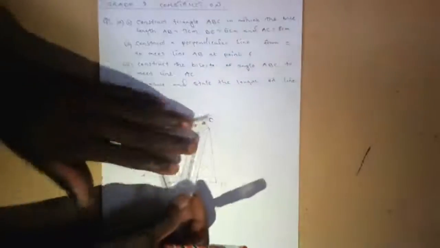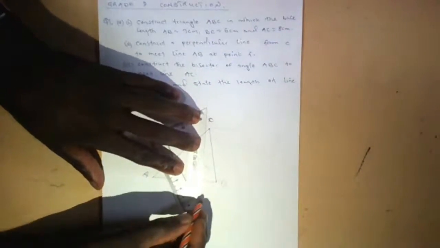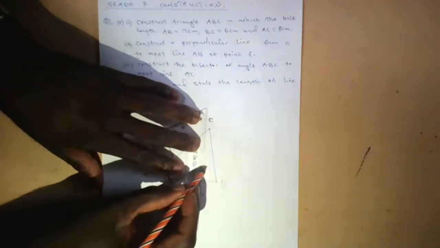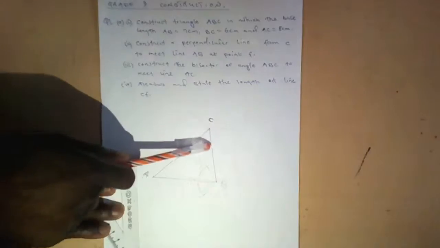So what do we do now? So this time around, we are going to draw. Now you see, when you consider these 2 points, that point and that point, if you have to draw a line, it's going to pass through C, because that's where our focus is. You're saying construct a perpendicular line. The line has to move from C going downward.